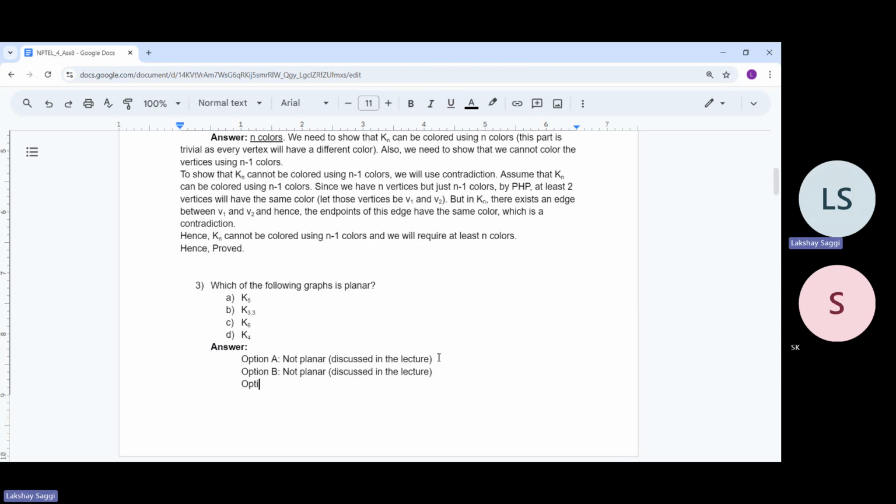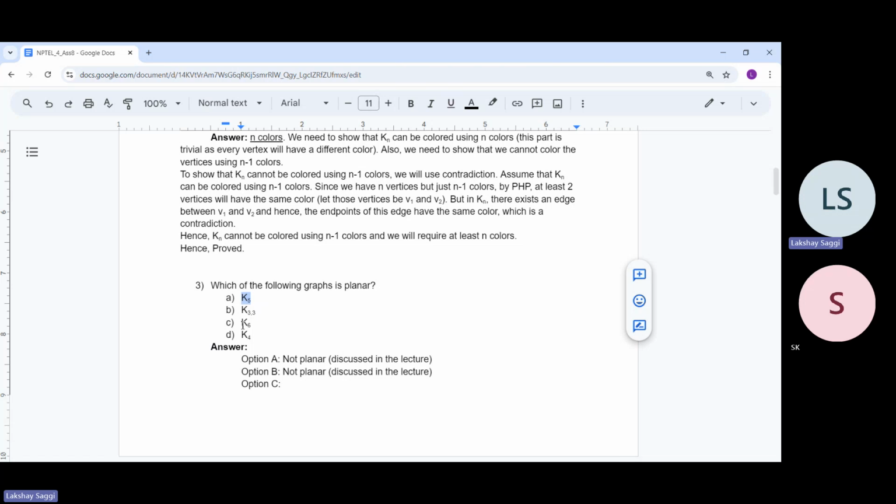For option C, this graph K6 had not been discussed in the lectures. But note that K6 is a complete graph on 6 vertices, and K5 was a complete graph on 5 vertices, right? And we know that K5 itself is not planar. K6 is just a supergraph over K5.